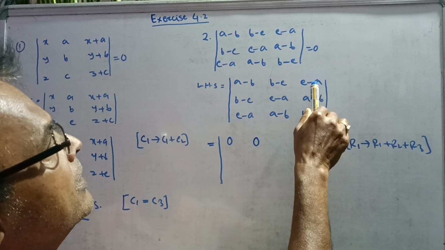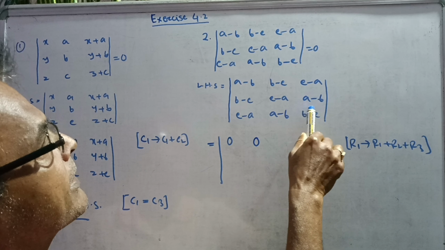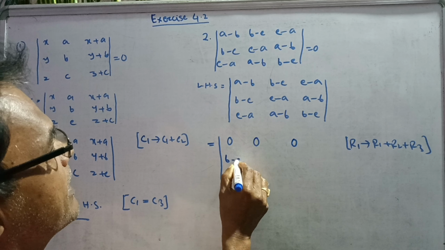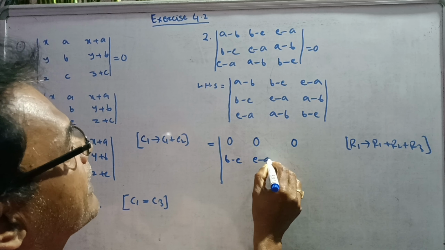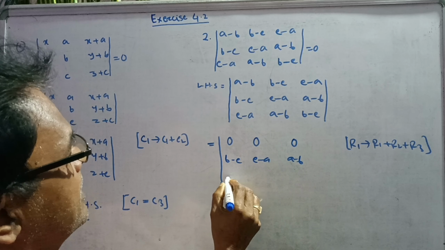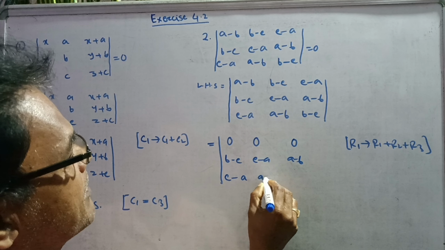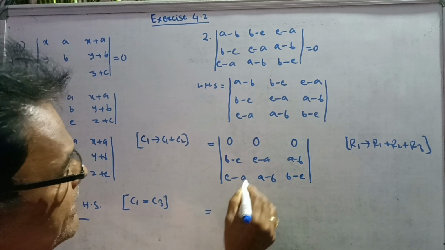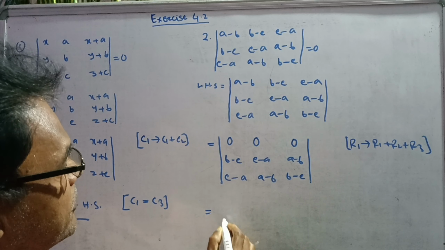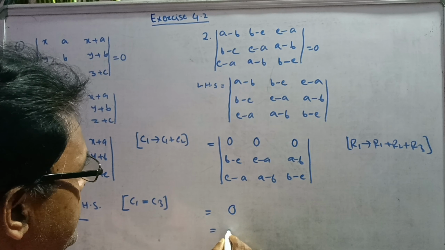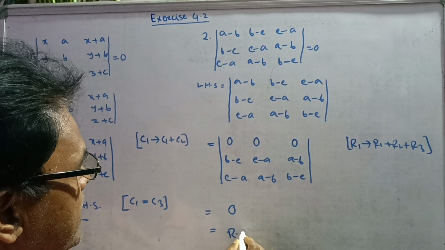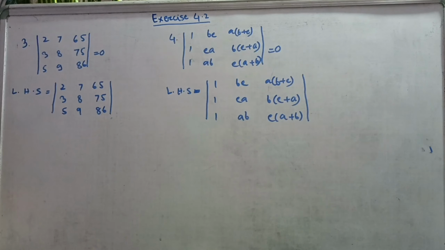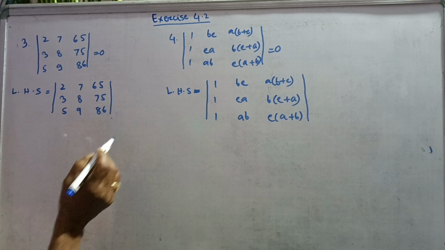Here also A cancels, B, B cancel, C, C cancel, so 0. The other two rows are the same: B minus C, C minus A minus B, C minus A minus B, B minus C. Since all elements of the first row are equal to 0, this determinant is equal to 0, which is the right hand side.